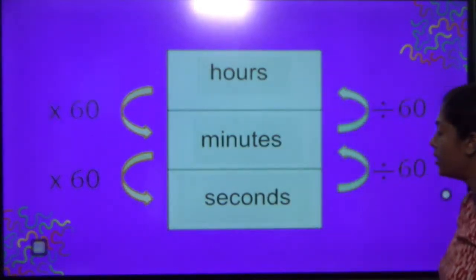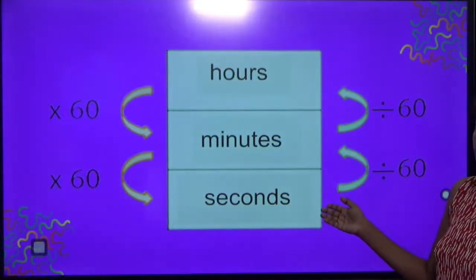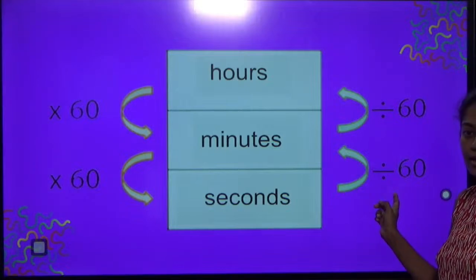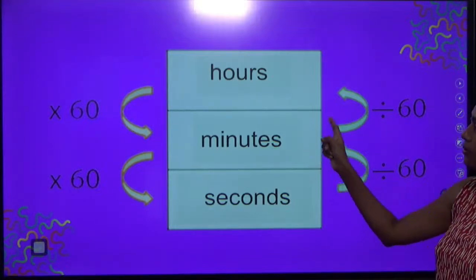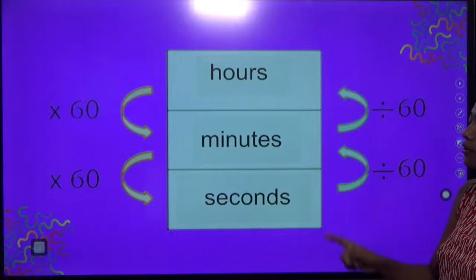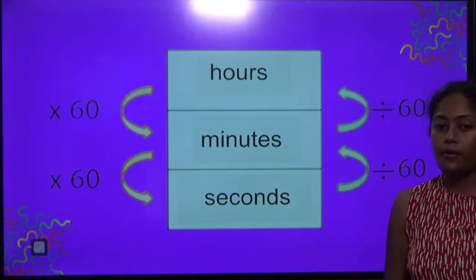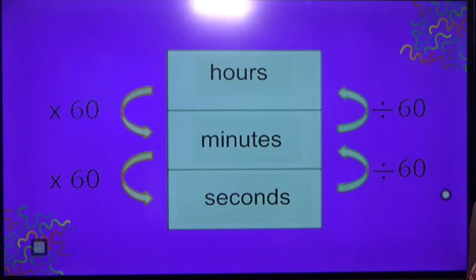Then the other way, if you have to convert seconds to minutes, you have to divide that value by 60, and also minutes to hours, same thing, you have to divide that value by 60. I think you should note down this. Then we are going to do the exercise.